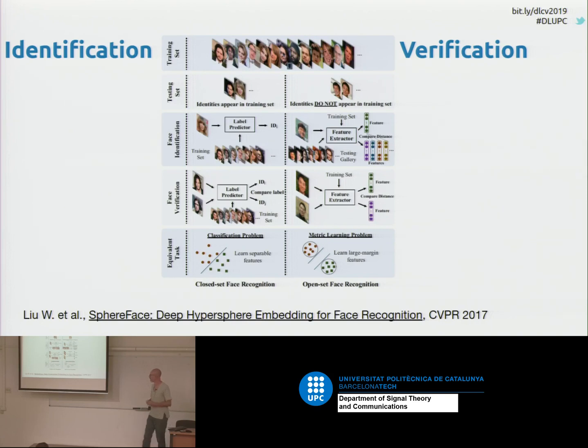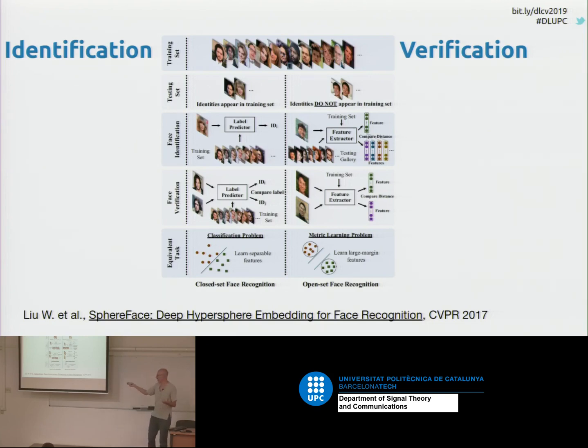So for the classification problem, for the closed-set one, it's enough to learn some separable features. You know that convolutional neural networks can be seen as producing feature vectors for the input images.